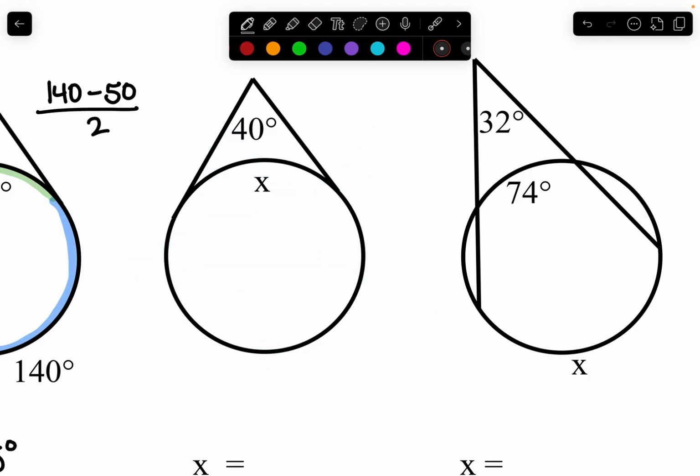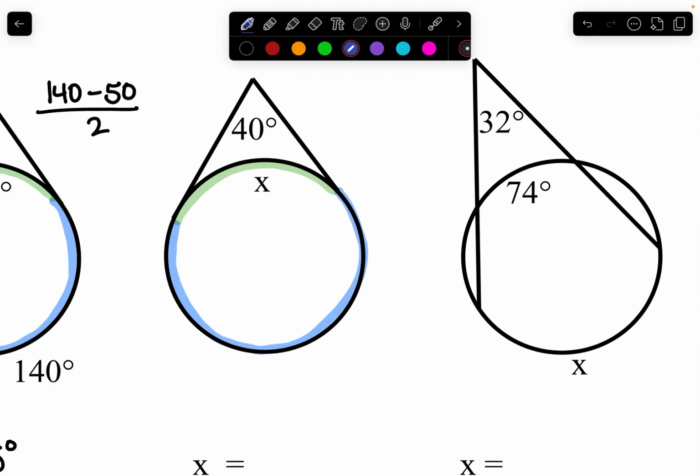So in this image here, we actually have the angle measure, and we know that the minor arc or the small arc is x. What I do not know is the value of the large arc. What I do know, though, is both of these arcs together are a full circle.